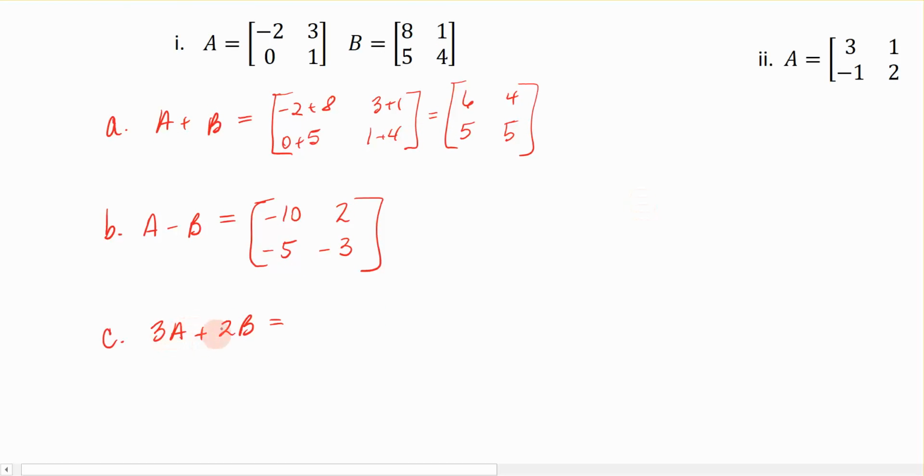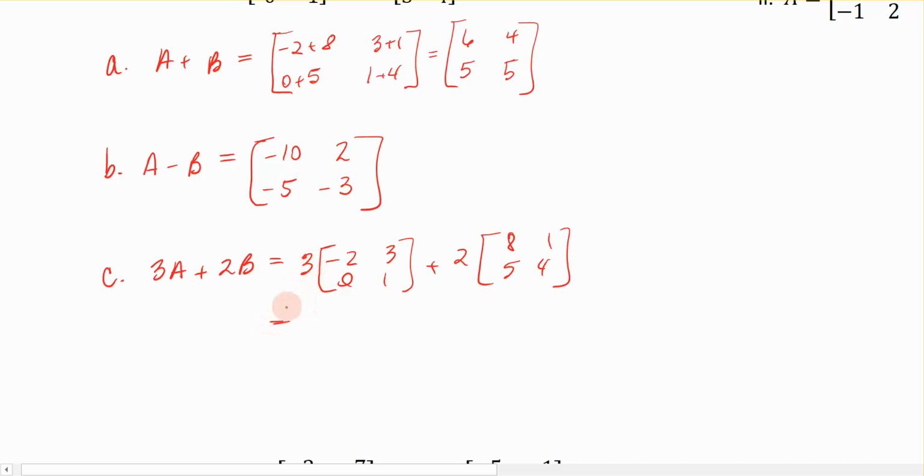If I have 3A plus 2B, first I'm going to say, well, 3 times matrix A, which is -2, 3, 0, 1, and I'm going to add that to 2 times matrix B, which is 8, 1, 5, 4. Now, 3 times each of these 4 positions gives me 3 times -2, which is -6, 3 times 3, which is 9, 3 times 0, which is 0, and 3 times 1, which is 1.